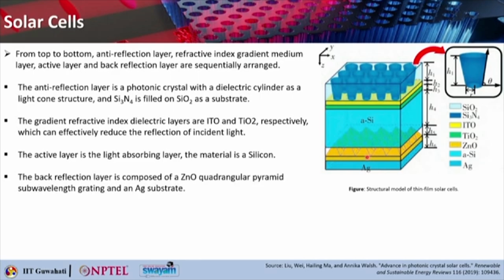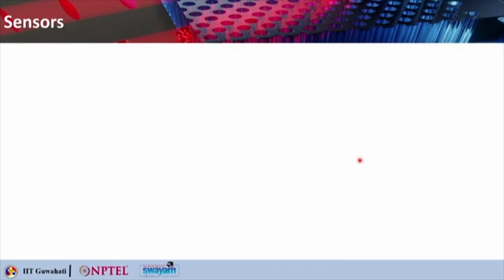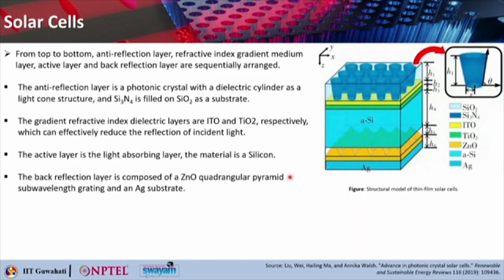Then you have this back reflection layer, which is composed of zinc oxide, quadrangular pyramid sub-wavelength grating, and it is placed on a silver substrate. So this actually is the back reflection layer. So that is typically how photonic crystals are involved in solar cells, okay, where you can actually make the solar cells much more efficient.